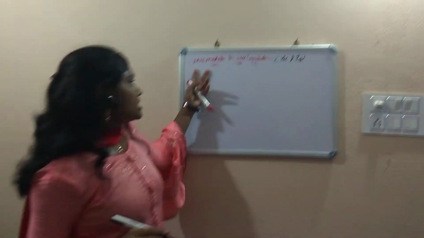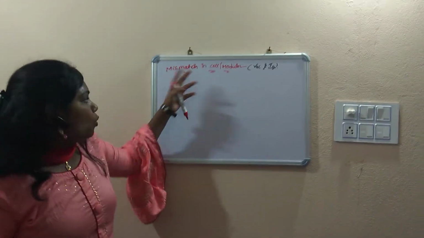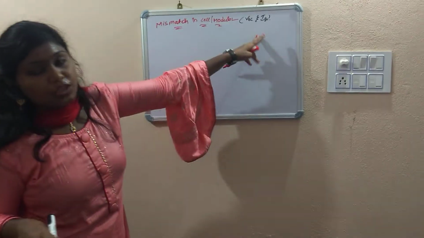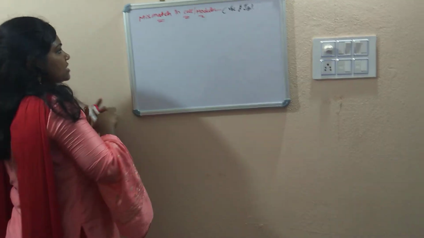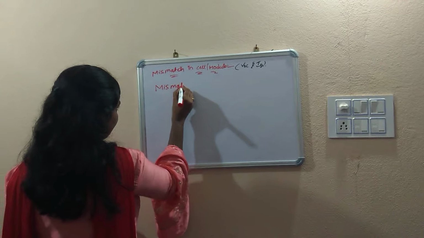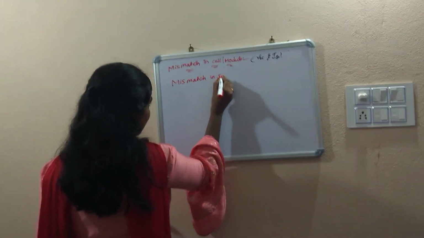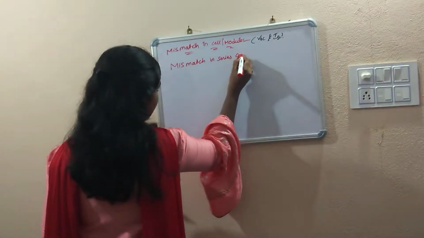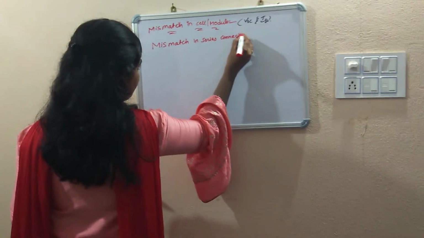Mismatch means difference, so a difference in voltage or a difference in short circuit current. First, the mismatch in series connection.